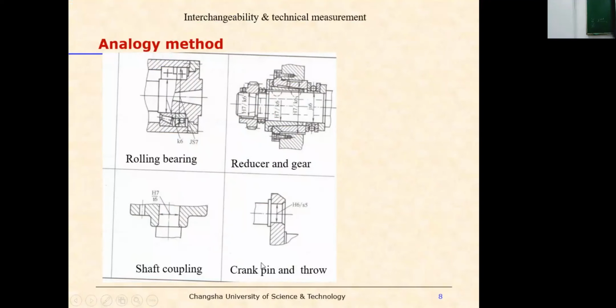This is just to roughly distinguish whether it is transition or interference. For this one, the correct thing is to collect it very well. So usually we use the interference type, or the clearance is very, very small, because the interference is very hard to assemble. So we use the transition, where the maximum clearance is very, very small.